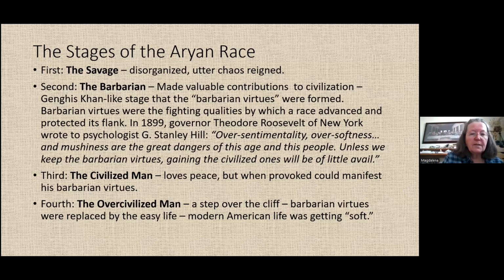Thirdly, the civilized man, he loves peace, but when provoked could manifest his barbarian virtues. And fourth, the over-civilized man, a step over the cliff. Barbarian virtues were replaced by the easy life. Modern American life was getting soft. Now, okay, ask yourself, which stage are you supposed to be in?